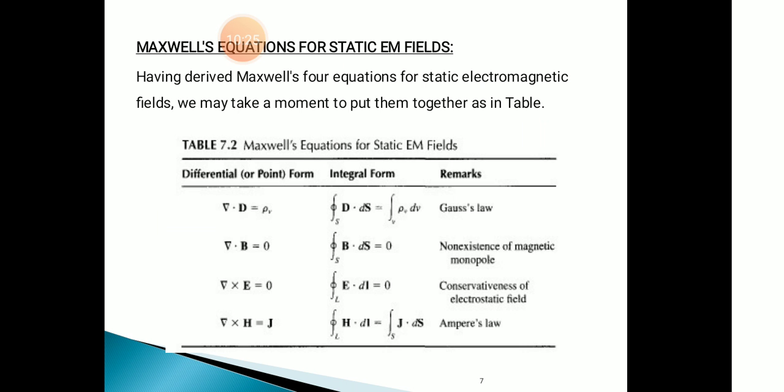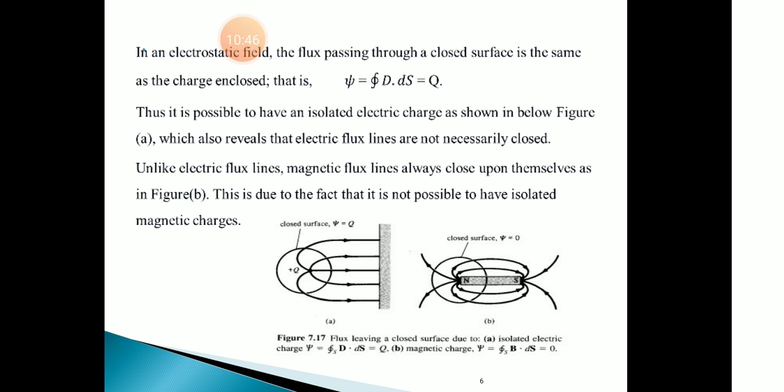Therefore, by comparing these two equations and applying the divergence theorem, we are converting the surface integral to a volume integral. Please remember, the divergence theorem is a tool that converts a surface integral to a volume integral.